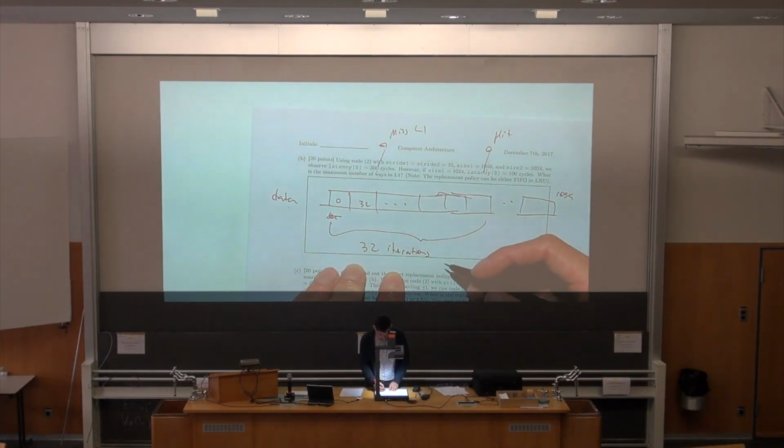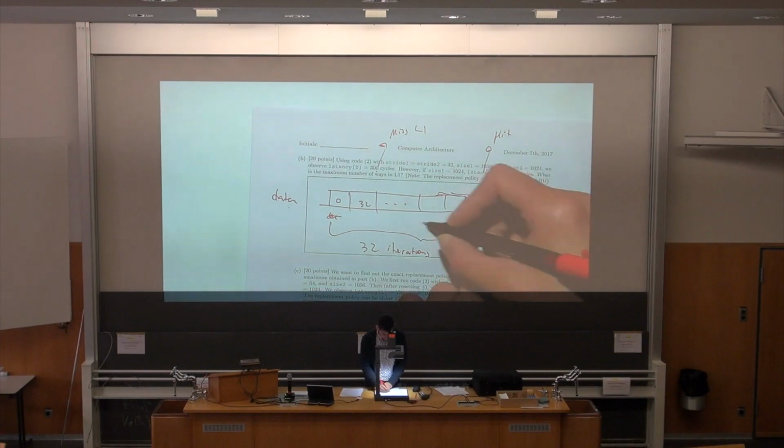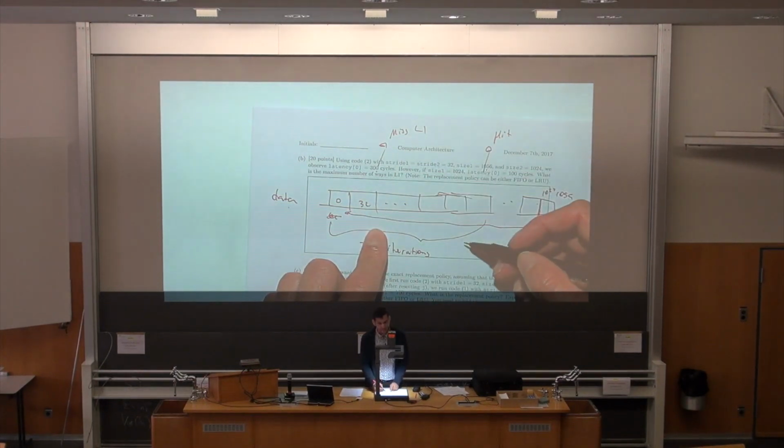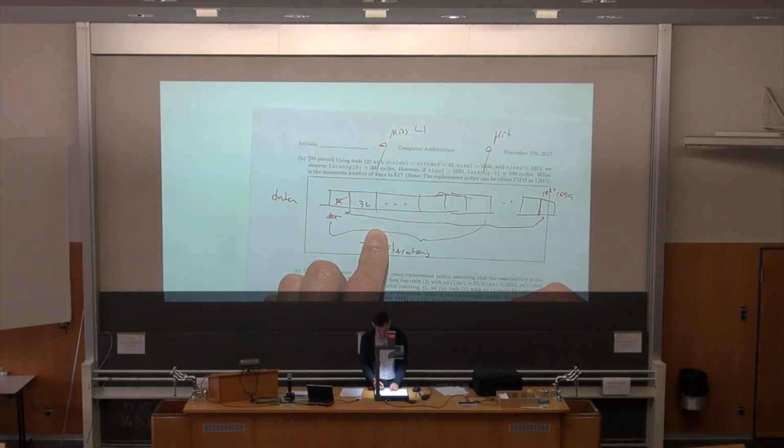But when I access this last element here, this is 124, I'm evicting the first element because it was a cache miss in this case. So this element in the second loop is not going to be there.